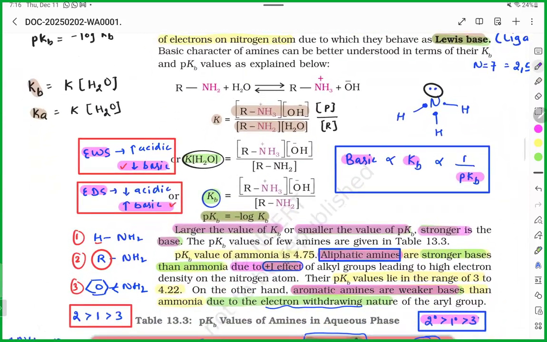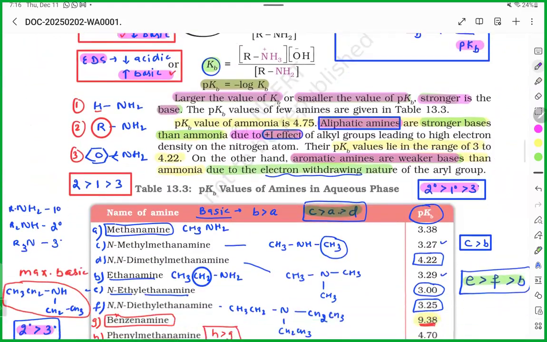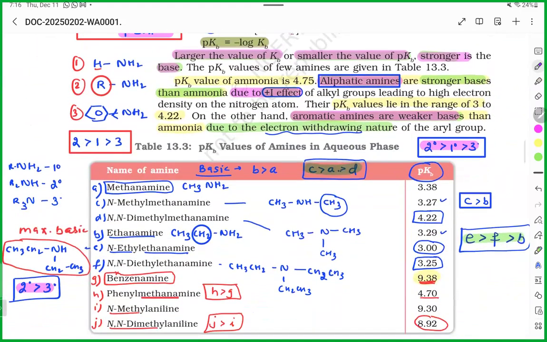The same thing. Electron withdrawing groups increase acidic character, decrease basic character. Donating groups decrease acidic character, increase basic character. And this table is one of the most important marks-fetching topics. Examiners ask many questions from this table.